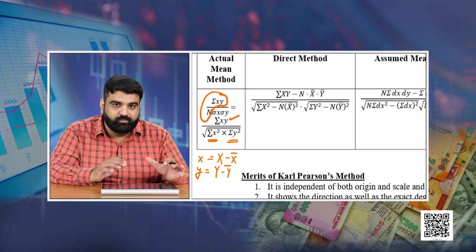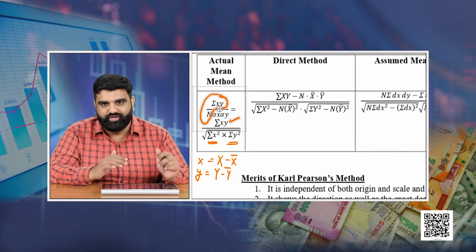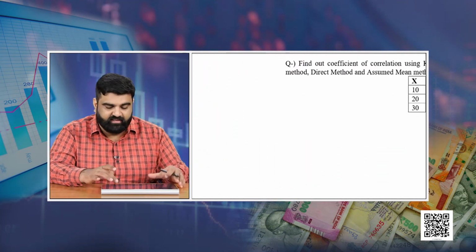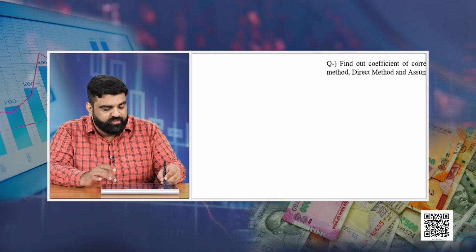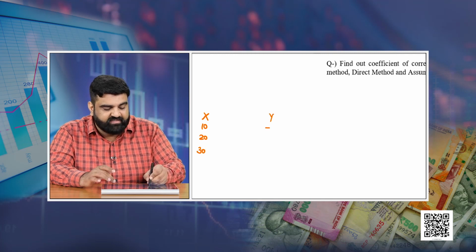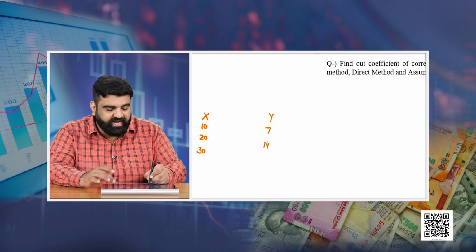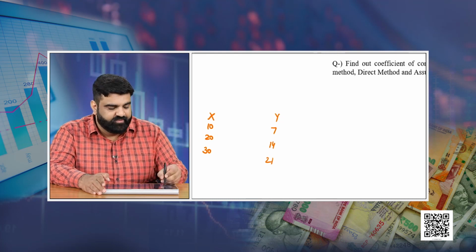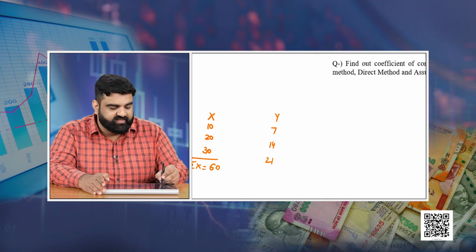So, first of all, we will do the question using the actual mean method. Let us move on to the question and calculate the mean. We have x as 10, 20 and 30 and y as 7, 14 and 21. First, let us total the values of x, which will be 60.